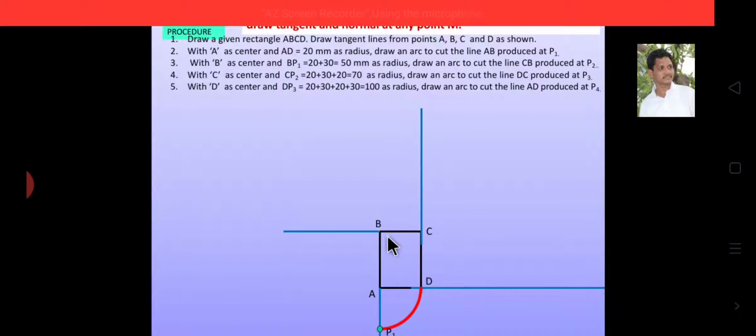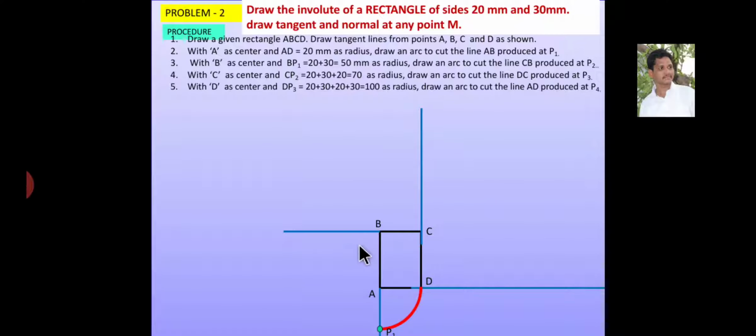Similarly, B as center and radius equal to BP1, draw an arc to cut the line CB produced at point P2.